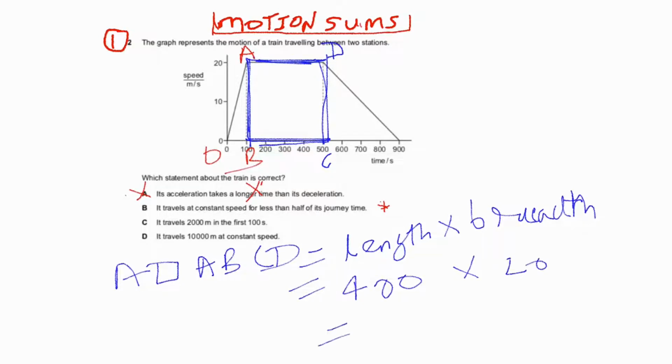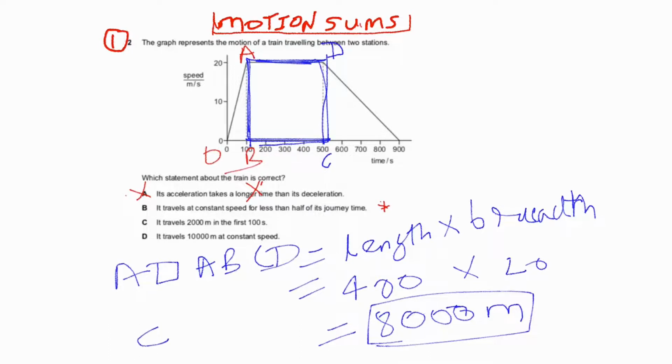So 4 twos are 8, so 8,000 is the answer. 8,000 meters is the answer for constant speed. But here it is given as 10,000 meters, so option D is also ruled out. So option B is correct. Options C and D are both ruled out.